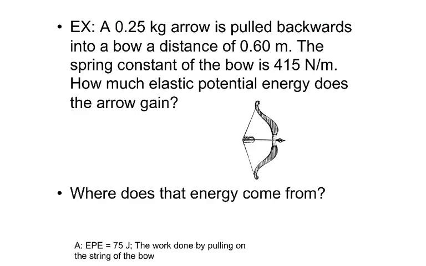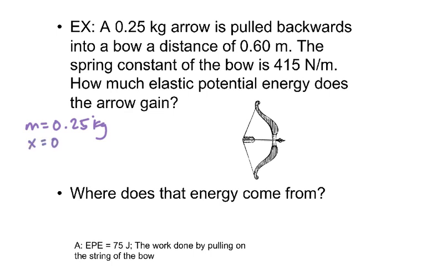So for an example problem, we have an arrow with a mass of 0.25 kilograms. It's pulled back against a bow a distance of 0.6 meters, and so that's going to be that stretch distance.